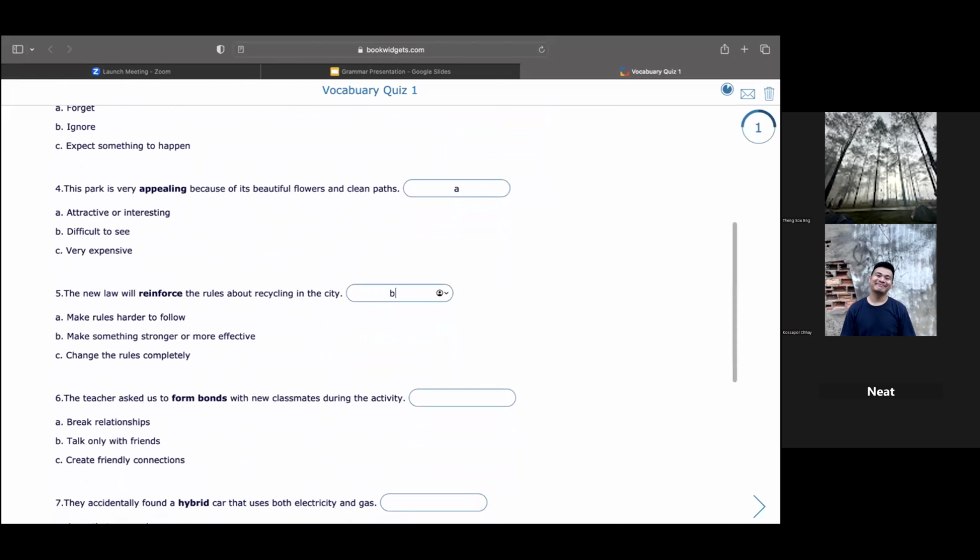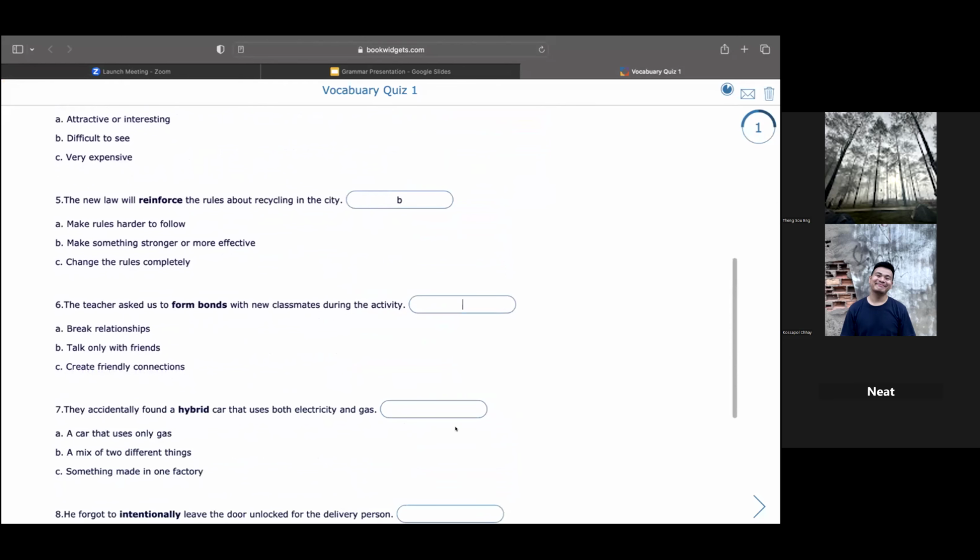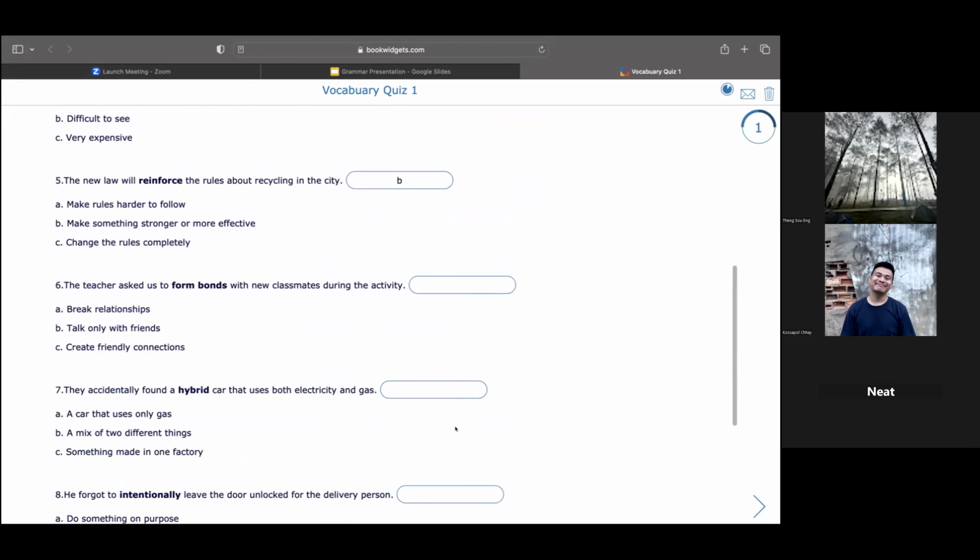So letter B, right? Yes, I see. And number 6. The teacher asked us to form bonds with new classmates during the activity. Break relationship, talk only with friends, create friendly connection. C. Yeah, I think so.